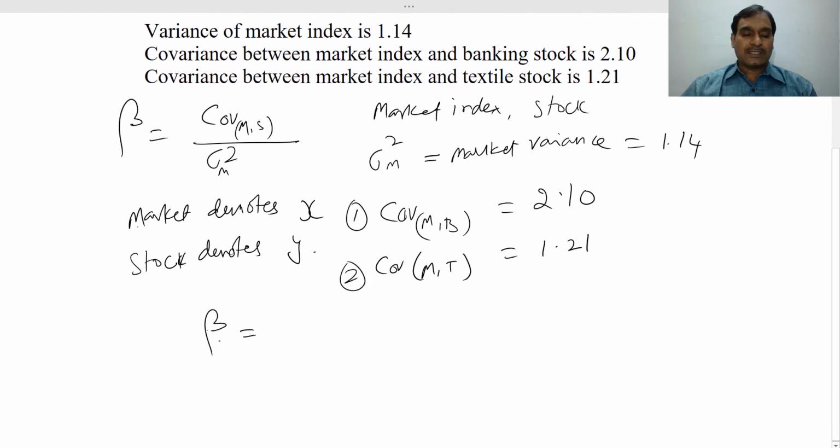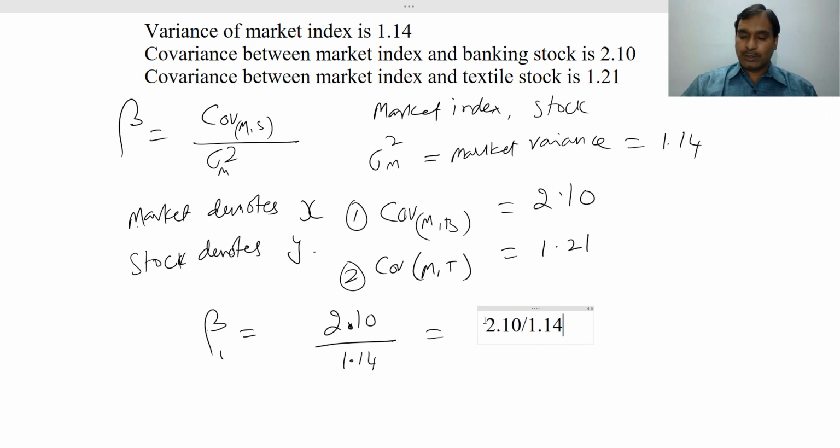Now we estimate the beta equation. Beta of the first stock, that is the banking stock, and the market is covariance 2.10 by variance of market 1.14. This equals 2.10 upon 1.14, so the beta value here is 1.84.